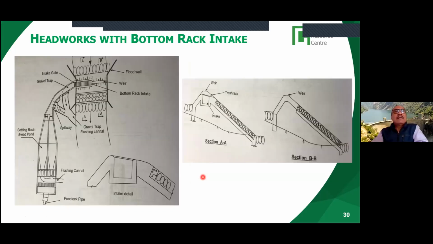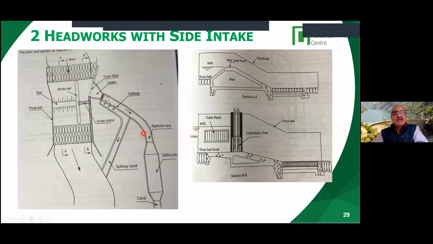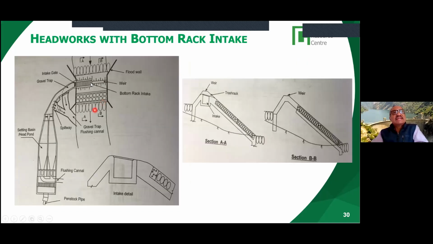Similarly, I also want to show you a headwork with a bottom rack intake. This was with a side intake. On the side you have the trash rack, and just behind the trash rack you have the side intake. Whereas in a bottom rack intake, what you have is the intake on the weir itself.